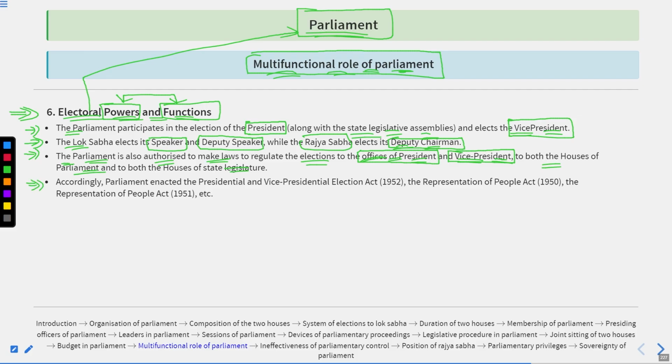And accordingly, the Parliament of India also enacted various laws like the Presidential and Vice Presidential Election Act 1952, the Representation of People's Act 1950, the Representation of People Act 1951, etc. So these are some examples of the electoral power which the parliament exercised and enacted these laws.